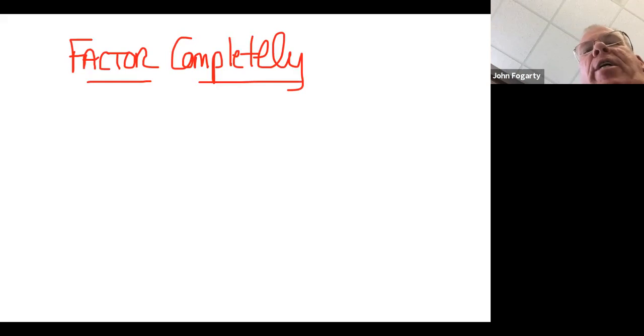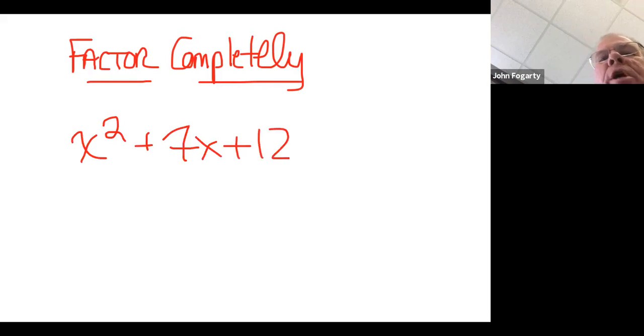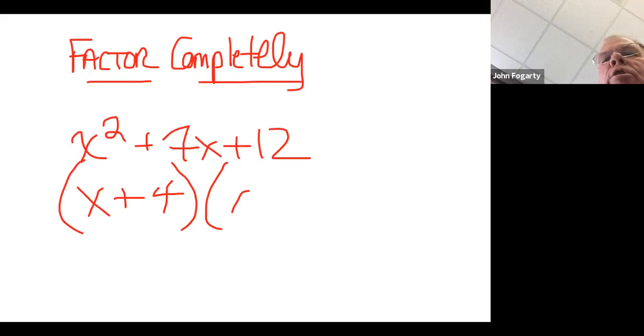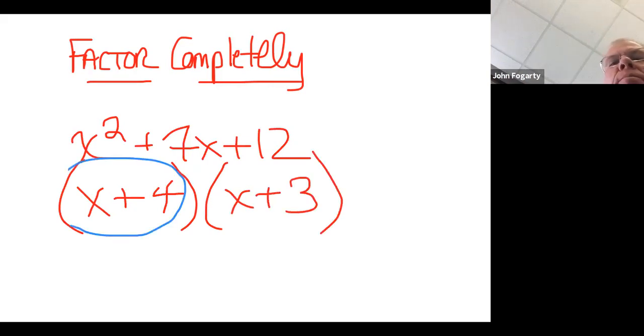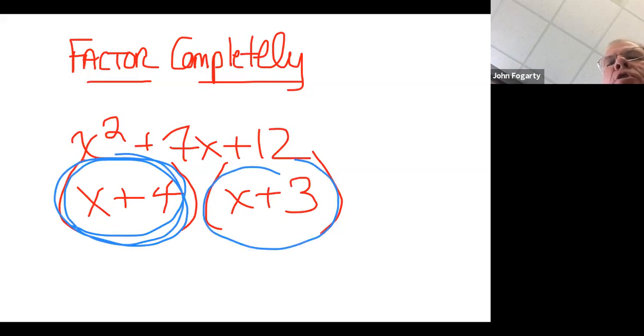So when we went like this, ready, watch. X squared plus 7x plus 12. I got x plus 4 times x plus 3. So when I look at the two factors, neither one of them can be factored. So that is factored completely.